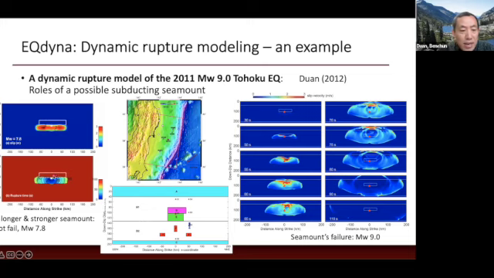And in another companion model, if this seamount is a little bit longer, also a little bit stronger in terms of static friction, actually this event will be just a smaller one, just limited to below the seamount, magnitude maybe just about 7.8.